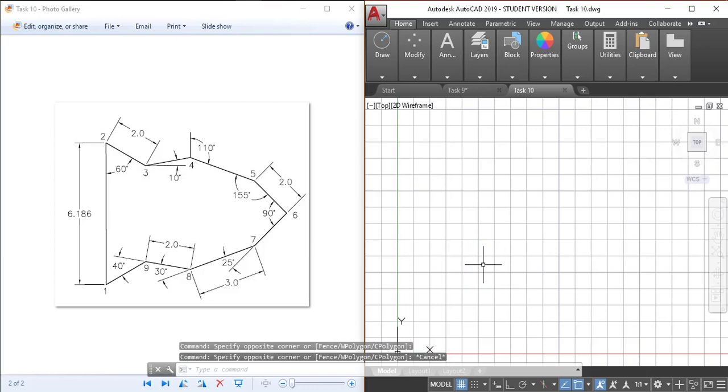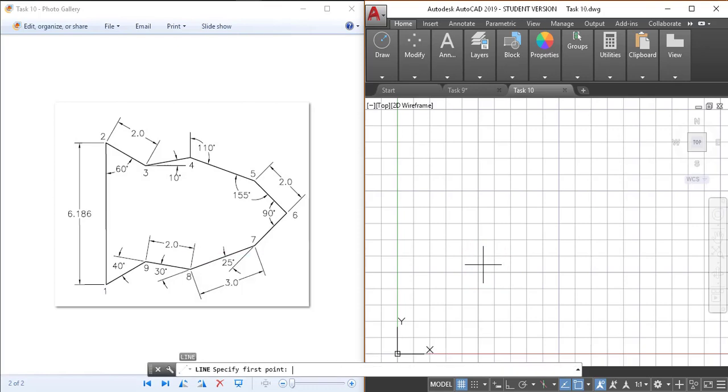So we will start the line command by typing L and pressing enter. We will input the coordinates of the start point as 0, 0, and now we have to draw a line between point 1 and point 2.